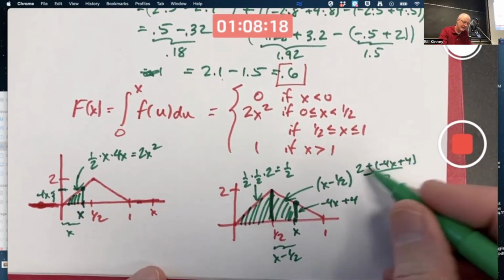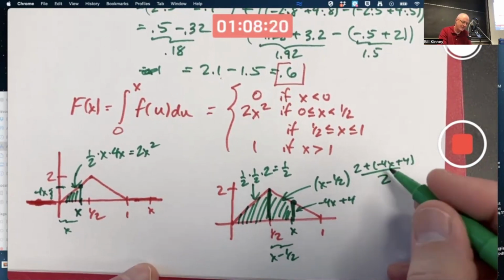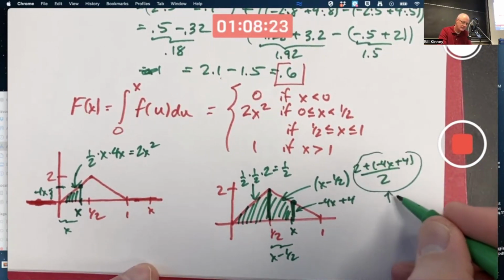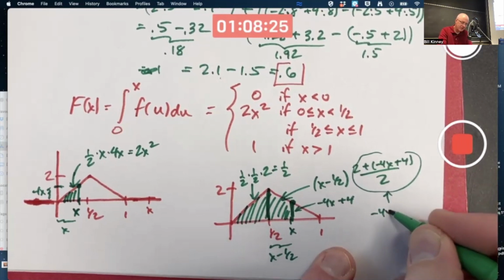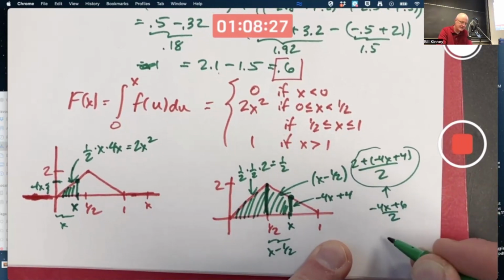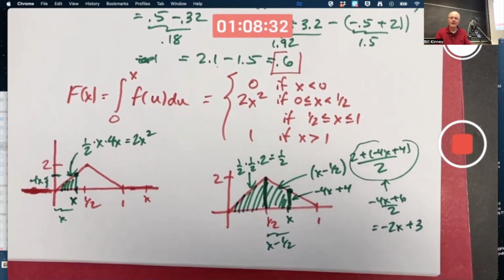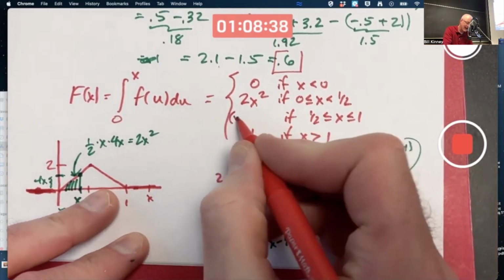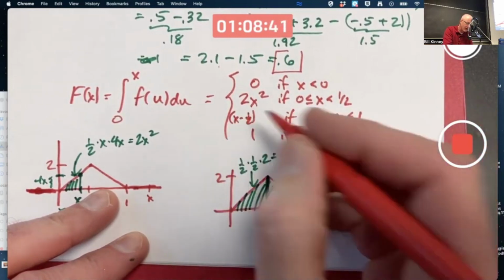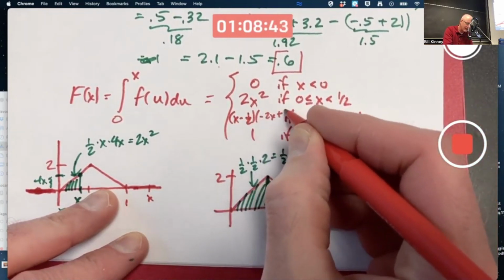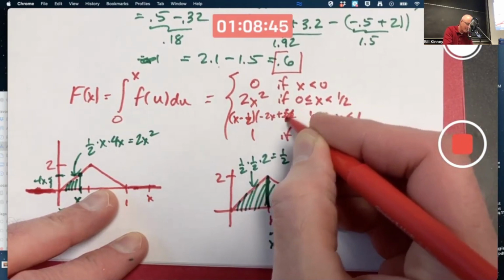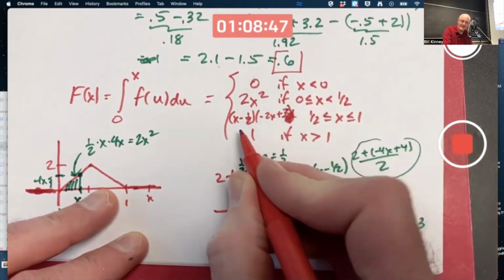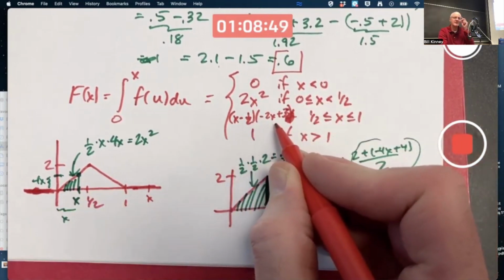Hang with me here. This does simplify. This is the same as negative 4x plus 6 over 2, which simplifies to negative 2x plus 3. That's got to get multiplied by x minus 1/2. Let me just write that here. x minus 1/2 times, in parentheses, negative 2x plus 3. Sorry, I'm out of room there.